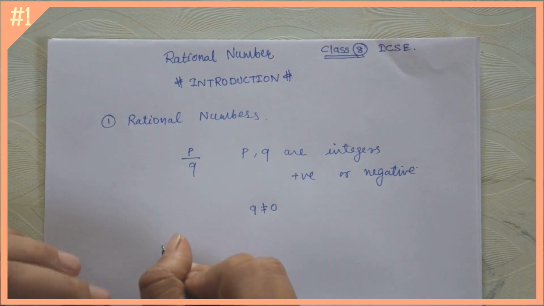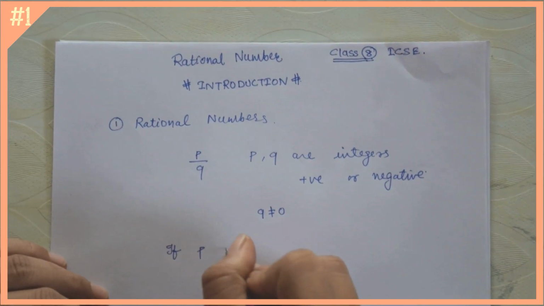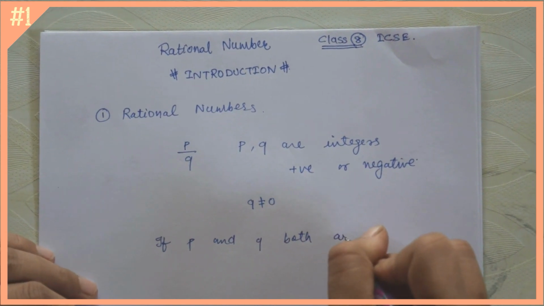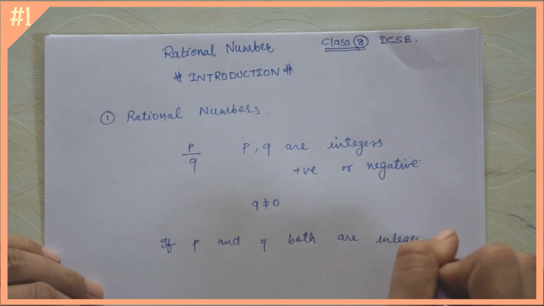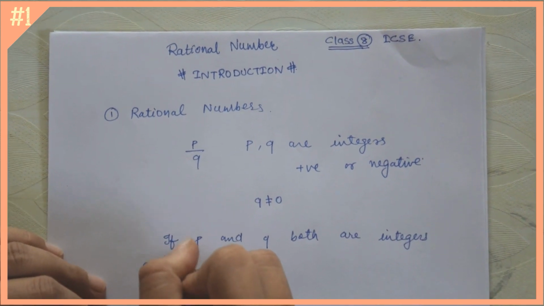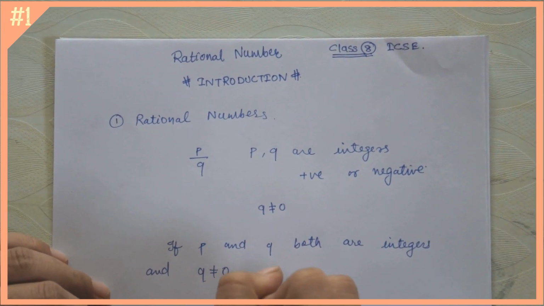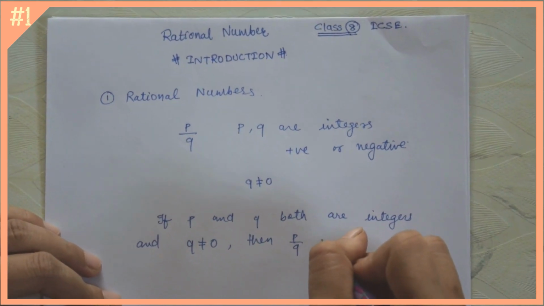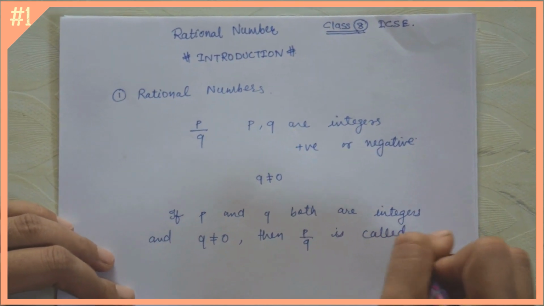So to write the definition properly, we can write: if P and Q both are integers and Q is not equal to 0, then P by Q is called a rational number.